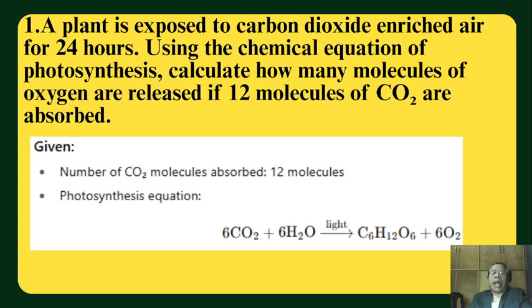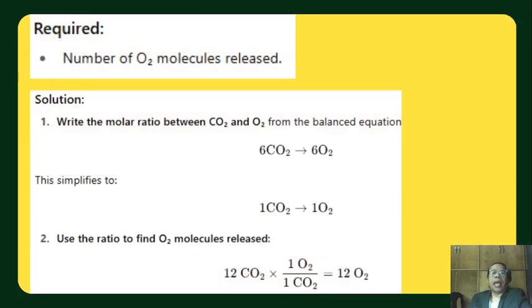We know that our photosynthesis reaction is 6 moles of carbon dioxide reacted with 6 moles of water, with light, to produce 1 mole of glucose and 6 moles of oxygen. We are required to find the number of moles of oxygen released. So write the mole ratio between carbon dioxide and oxygen.